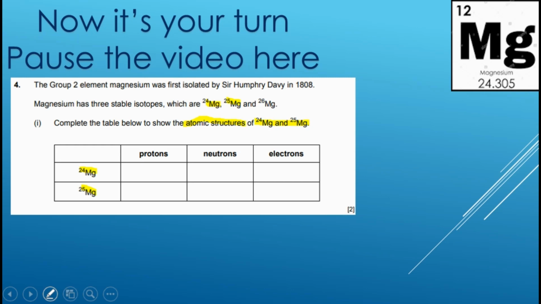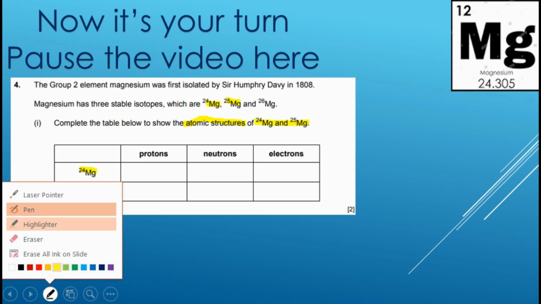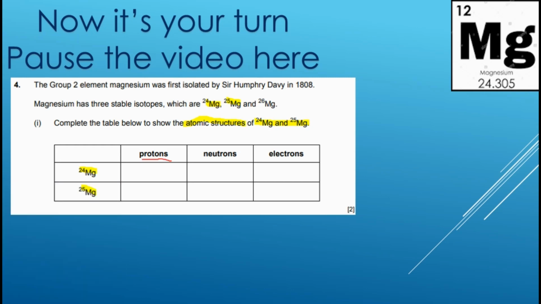So, firstly, you would want to find out the protons. As we said before, the atomic number here is referenced with the protons. So we could put 12 here and 12 here. And as none of these are ions, the electron number should be the same. So now we have both the proton and the electron numbers settled.